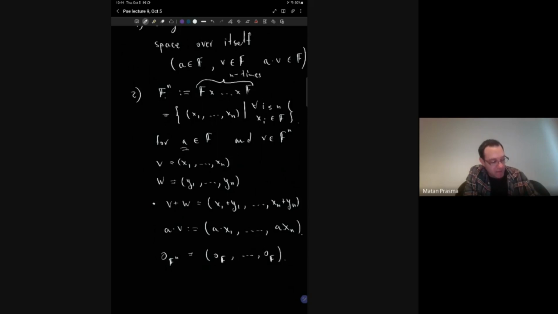So clearly, Fn is an abelian group with respect to this addition operation, and multiplication by scalar is associative because we do it in each coordinate, and in each coordinate you do multiplication in F, and multiplication in F is associative. So you get associativity of scalar multiplication, and also distributivity. Since I do it in each coordinate, I have distributivity because I have distributivity in F, so in each coordinate. Okay.